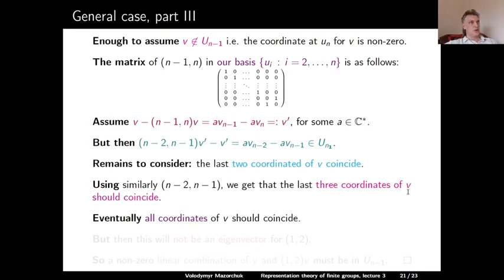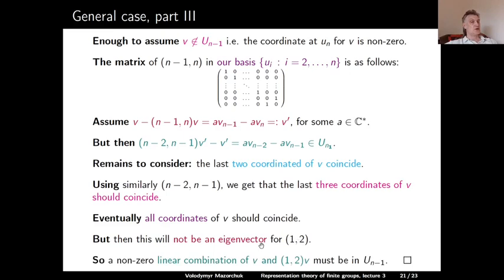So when we go all the way, we will have only one problematic case, and this is when we have the vector v which has all coordinates the same. So all coordinates of v are the same non-zero number. But then that vector will be an eigenvector neither for the transposition of 1 and 2. So a non-zero linear combination of v and the image of v under 1 and 2 will be an element of Un minus 1. And this is exactly what we wanted to prove.